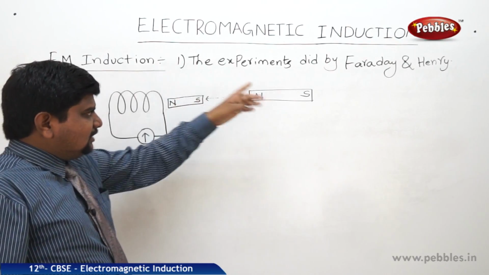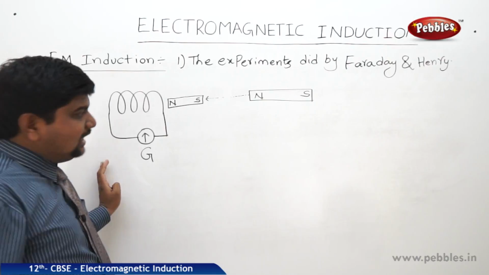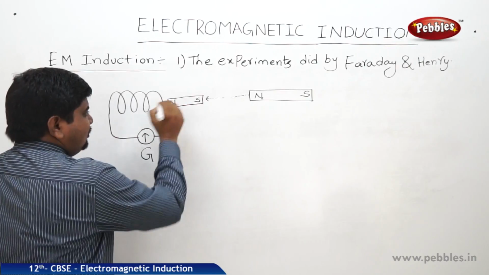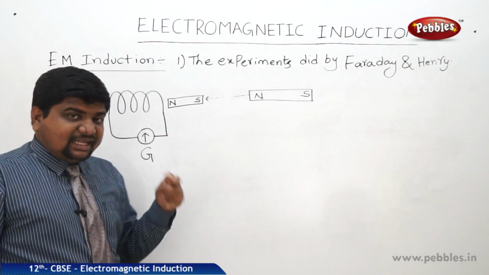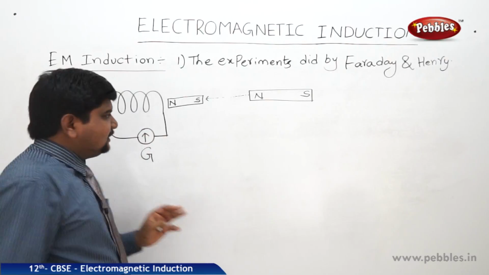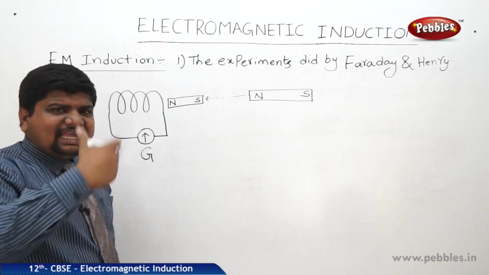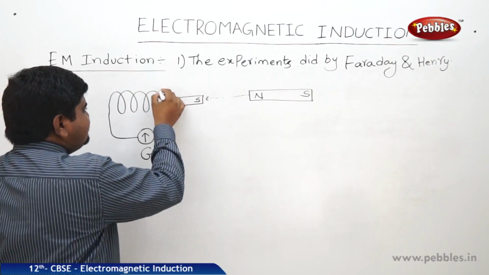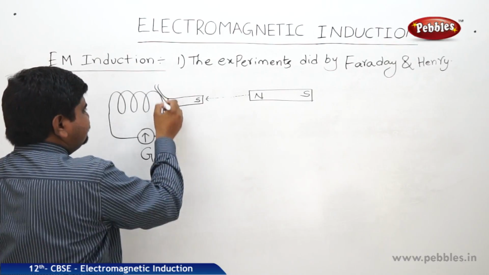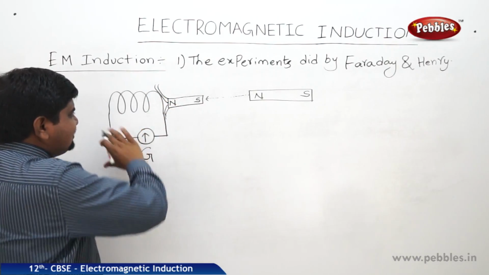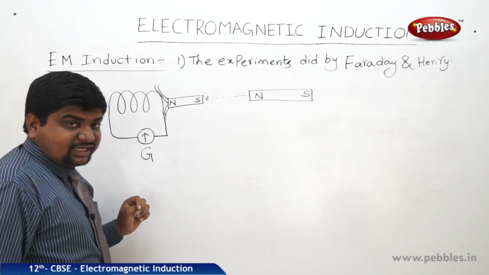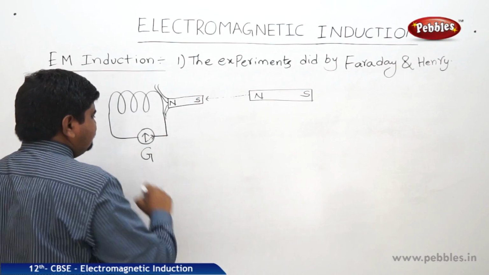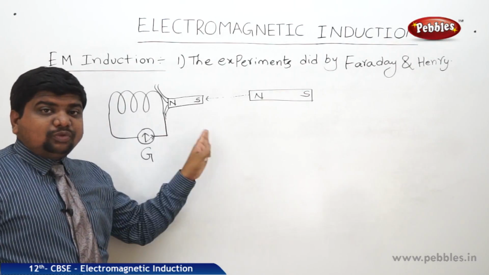The north pole is able to attract the electrons inside the conducting loop, creating magnetic flux, and they observed the deflection of the galvanometer needle towards the north pole of the magnet.